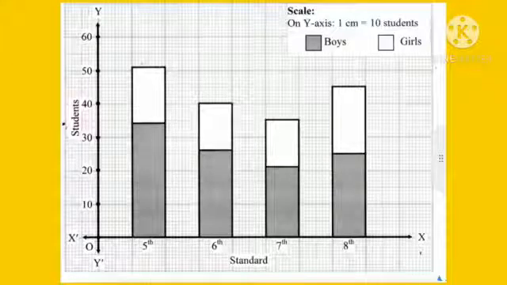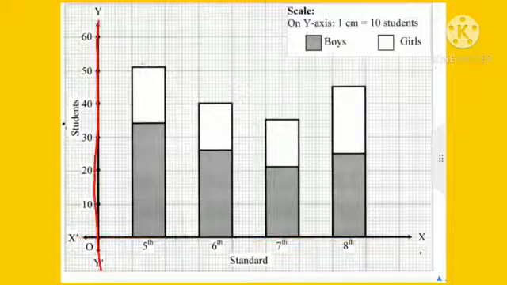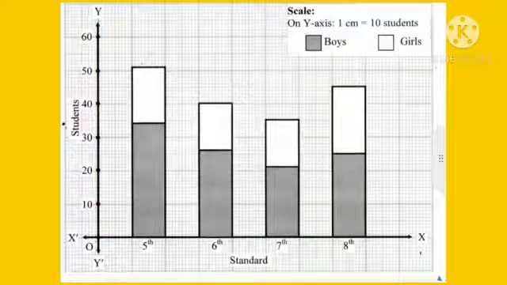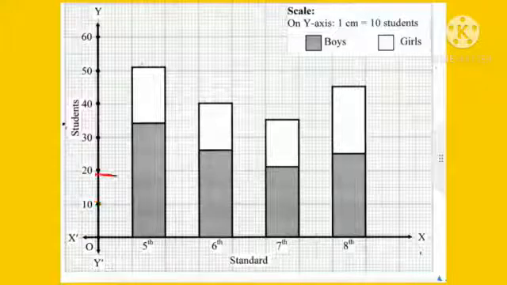Now, on the graph page, first we will draw the x-axis and y-axis. The meeting point of the x-axis and y-axis is the origin. Then we will plot the points on the y-axis as 10, 20, 30, 40, 50, 60.